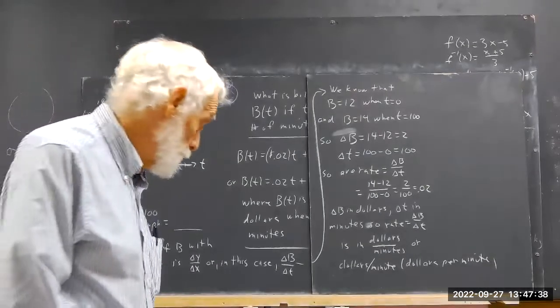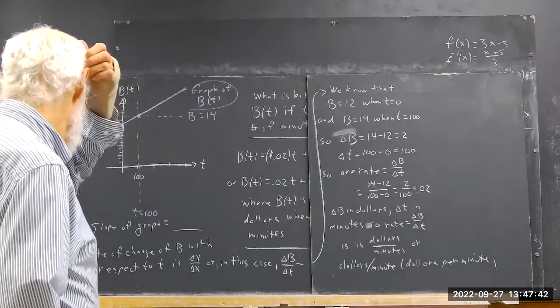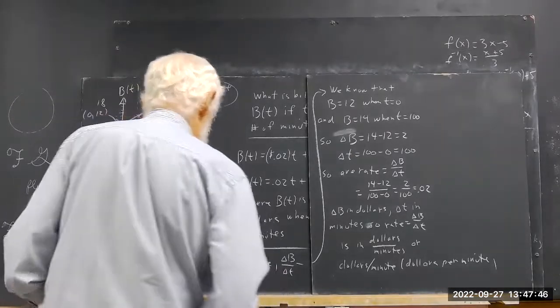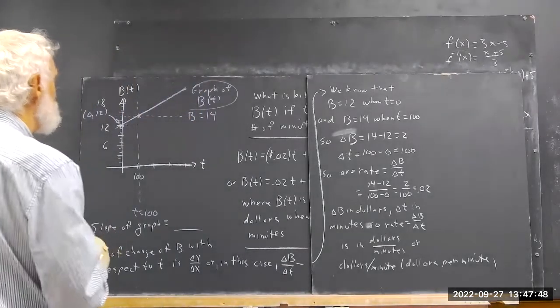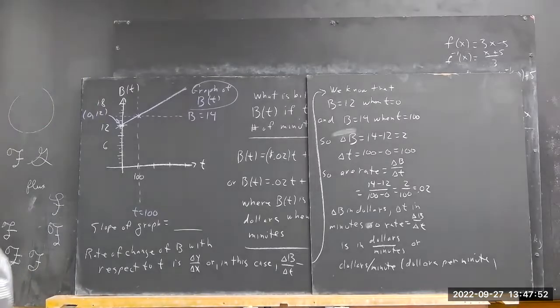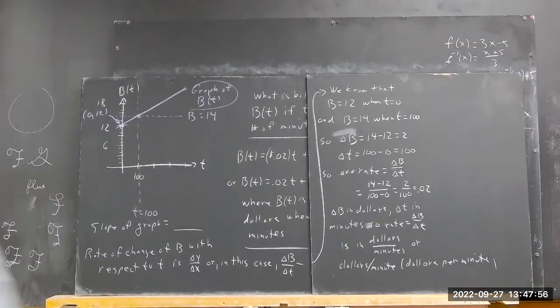All right, now connection. What's the slope of this graph? Have we talked about slope in this class? I don't think we have. I've got two other classes where I have, so let's make sure. Okay, very good.